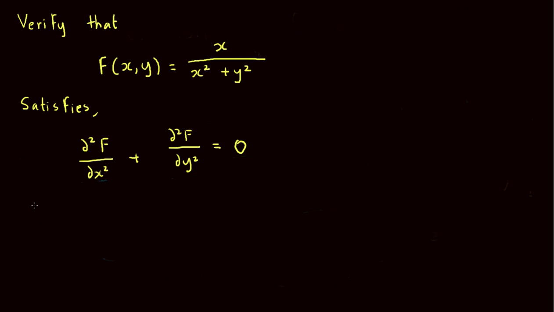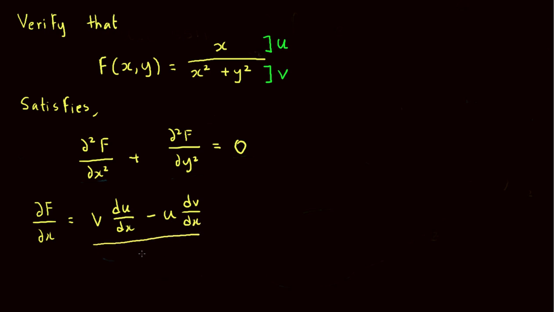Okay, so first we find del f del x. To find del f del x, we have to see that our function has two components, a numerator u and of course v. So this calls for the quotient rule: v du dx minus u dv dx over v square.